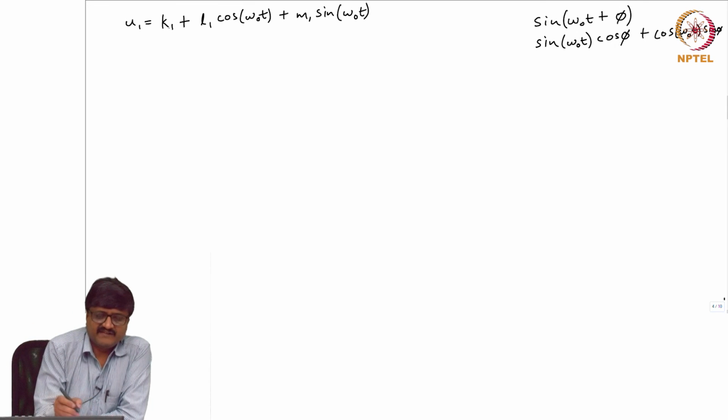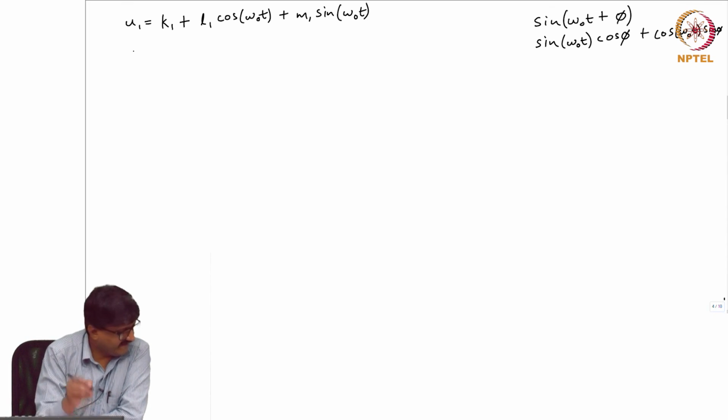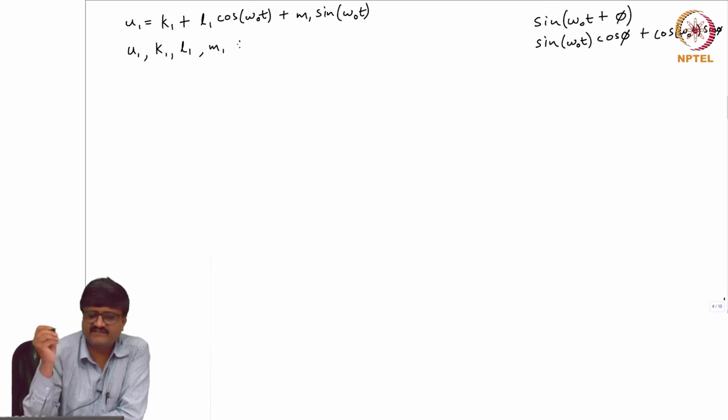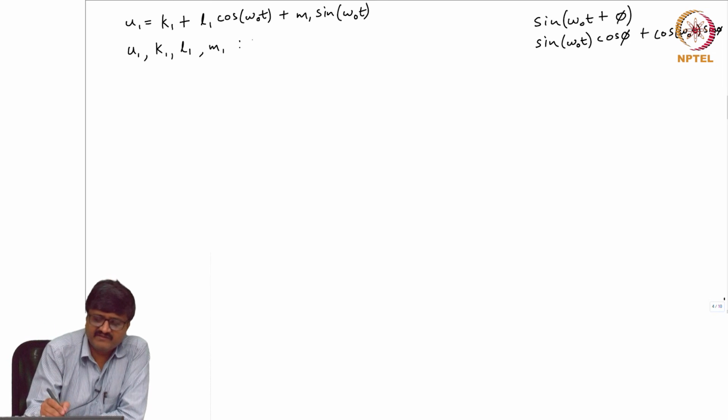So, the size of K1, L1 or M1 is the same as that of u1. If I take either u1 or K1 or L1 or M1, what is the size of these? It is the same as x1, which is nothing but n plus 1 cross 1.